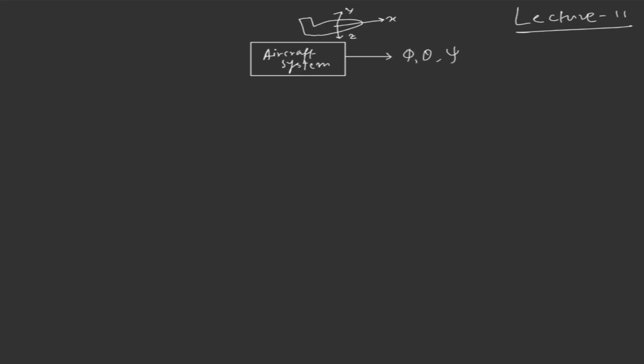So for controlling the orientation, we need to apply some control to the system. So we'll have some controls U1, U2, U3. These controls are going to control theta, phi, psi, respectively, the 3 angles. So 3 controls we'll be using for this system.